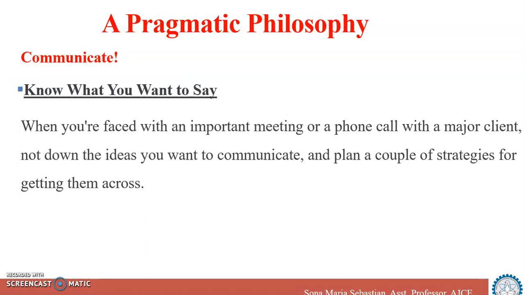Key points discussed in communication are: first one, know what you want to say. When you are faced with an important meeting or a phone call with a major client, note down the ideas you want to communicate and plan a couple of strategies for getting them across.